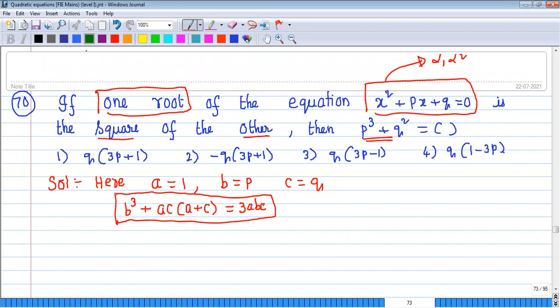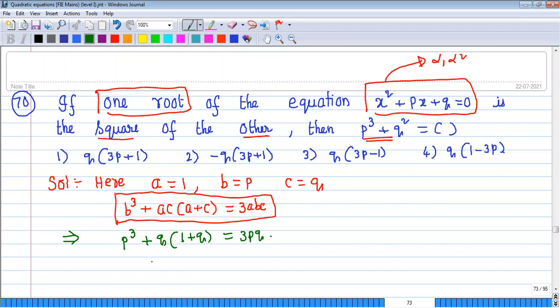So substituting the respective values, b cube means p cube, plus ac, ac means q, a plus c is 1 plus q, equal to 3abc, 3abc means 3pq.